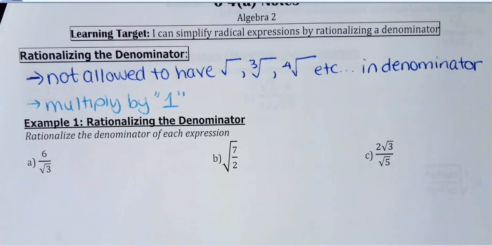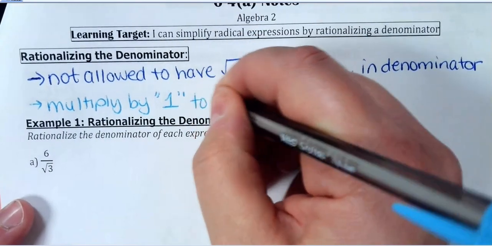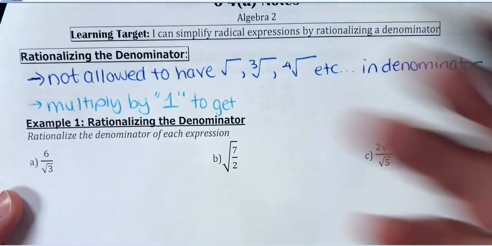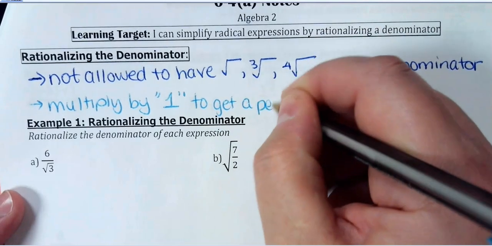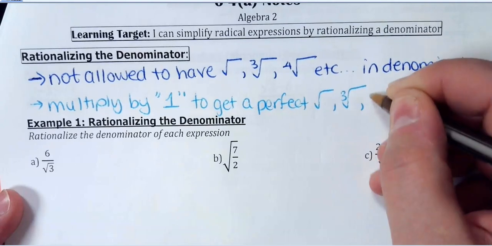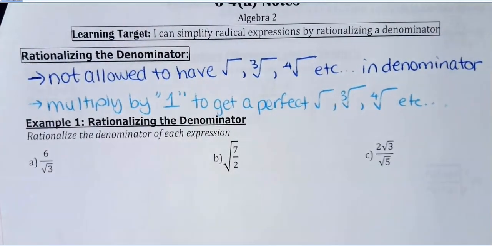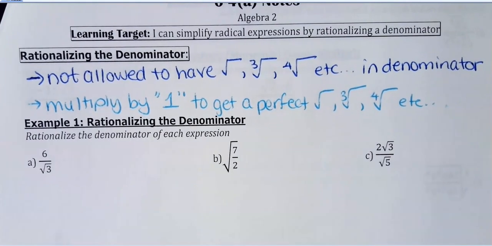But we're going to multiply by something that's going to manipulate the bottom to get, depending on the question, either a perfect square root, cube root, fourth root, whatever type of root you're working for. So you're going to multiply by 1, but we're going to put 1 in a format that is going to create a perfect square, cube, fourth, whatever type of radical we're working with on the bottom.